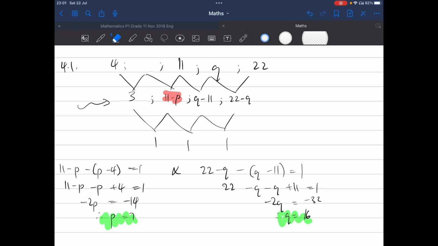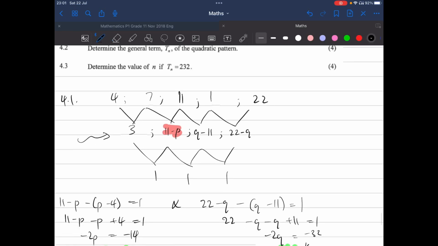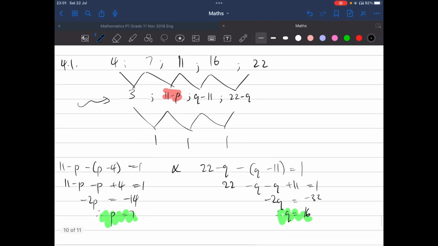Here we had 7, and here we had 16. Then 11 minus 7 is 4, 16 minus 11 is 5, and 22 minus 16 is 6.